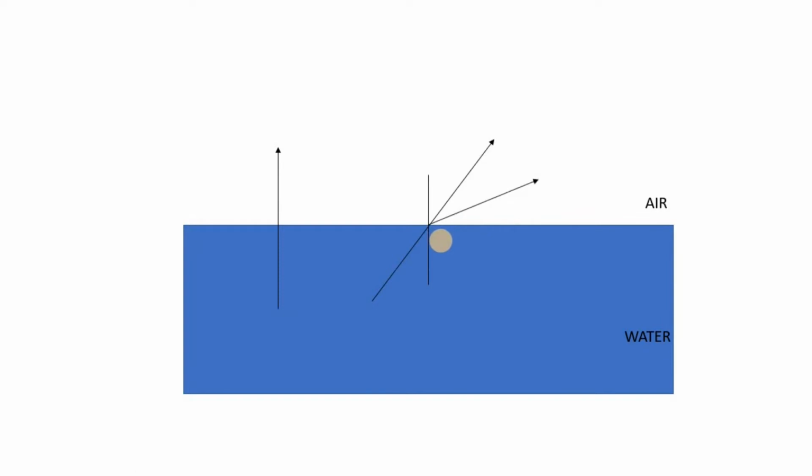Actually it has to move through this, but it is seen that the light ray passes like this. This phenomenon is called what? Refraction of light. There are certain laws regarding refraction. Let us discuss that.